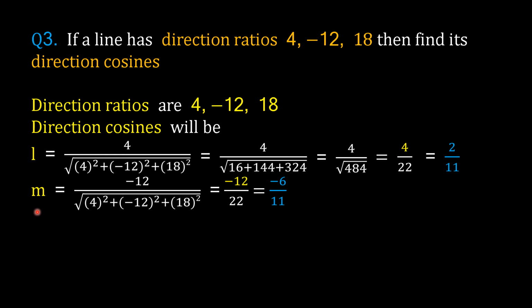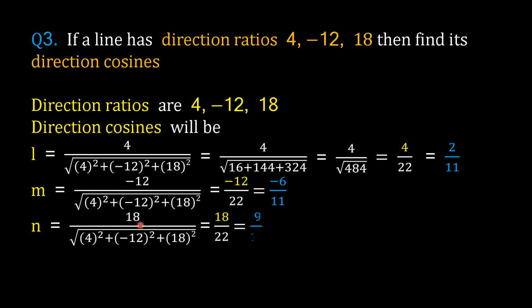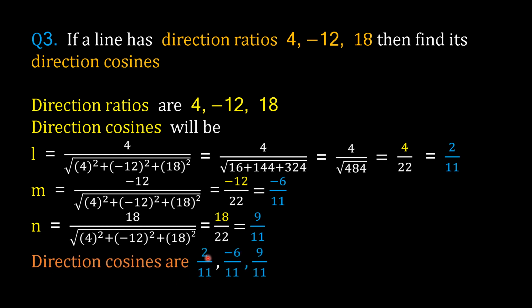So m is minus 6 by 11. n will be 18 by square root of 4 squared plus minus 12 squared plus 18 squared, which will be 18 by 22, that is 9 by 11. So the direction cosines of the line will be 2 by 11, minus 6 by 11 and 9 by 11.